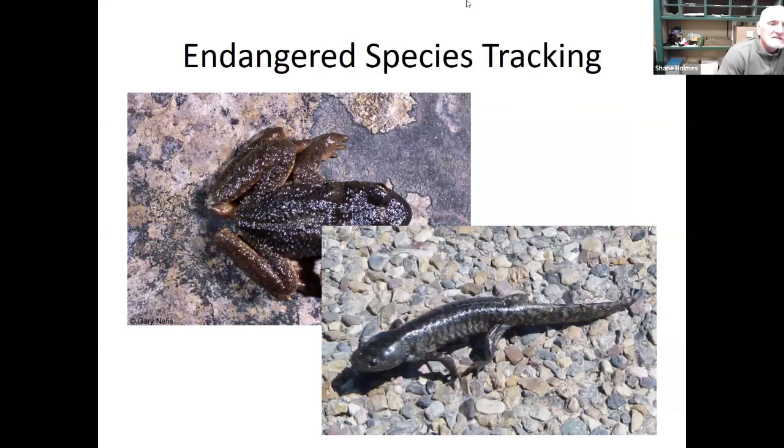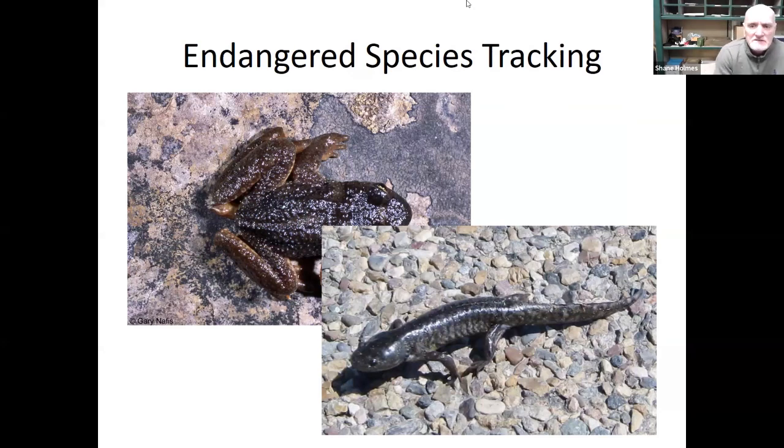And then another one is the endangered species, in this case a Rocky Mountain frog and a giant Iowa salamander.